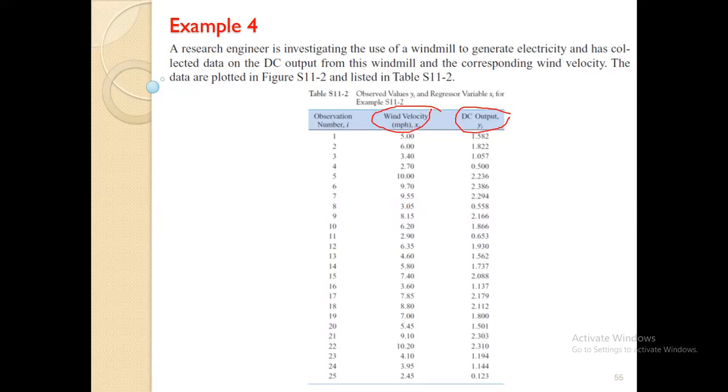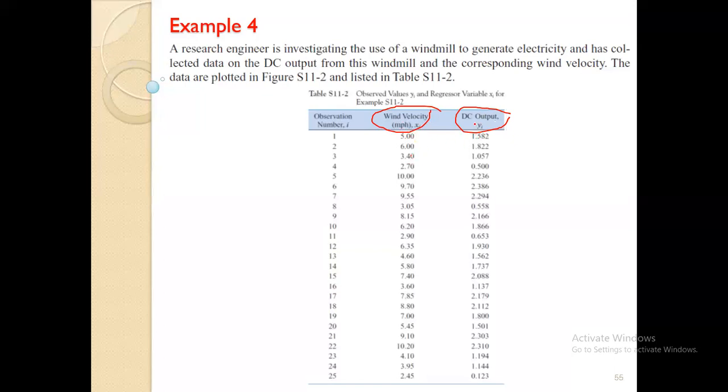With high velocity, it can generate more mechanical energy. The DC output depends on wind velocity. The velocity is in terms of meters per hour, and DC is the output.